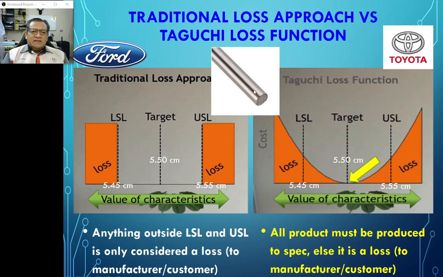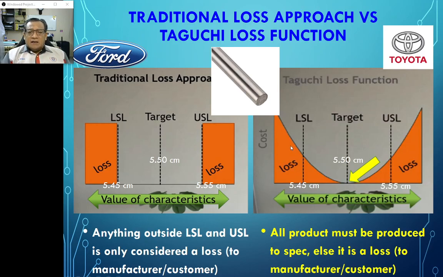This iron rod will fit into the housing of the equipment with some looseness. There is a kind of wobble or shaking between the iron rod and its housing because it is produced smaller. And Dr. Taguchi thought that situation is a loss for the customer, because this vibration, this looseness, will definitely affect the performance in the long range.